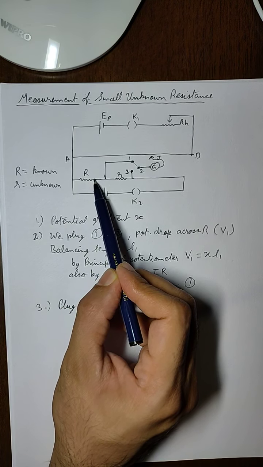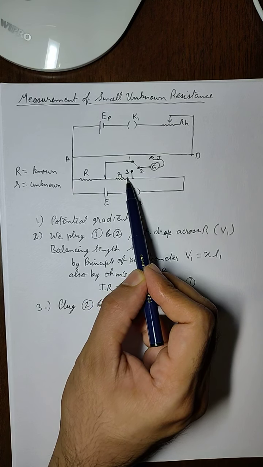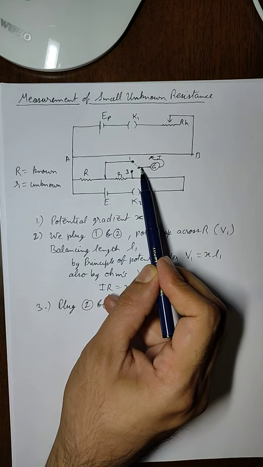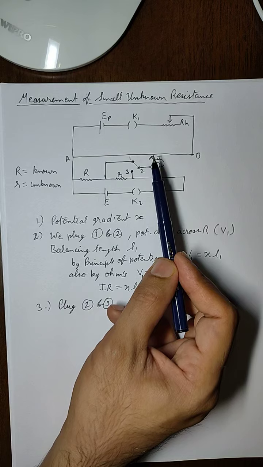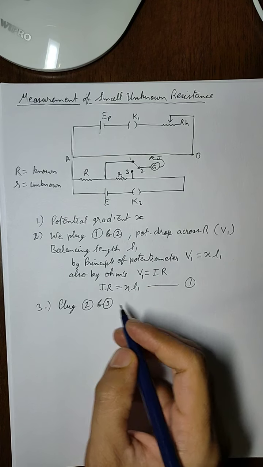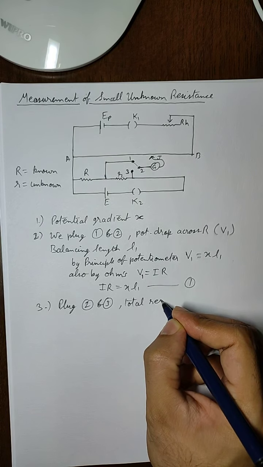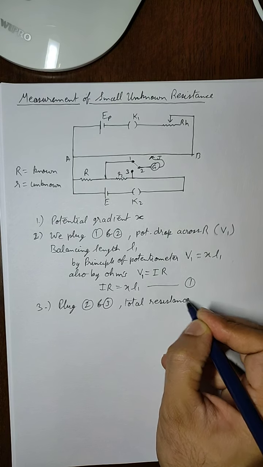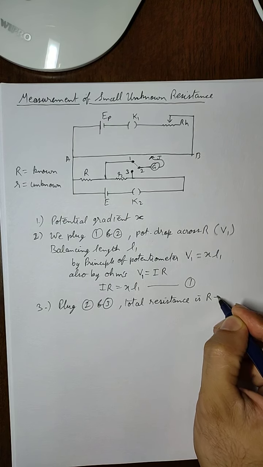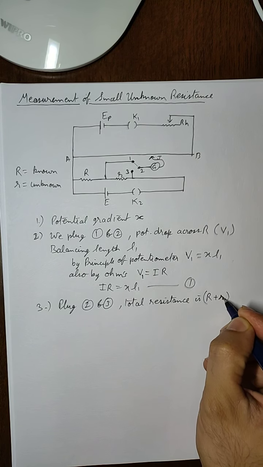It will go through capital R, then it will go through small r, then from 3 to 2, and then to the galvanometer, and finally to the key. So when we plug 2 and 3, the total resistance which is connected with the potentiometer is capital R plus small r.